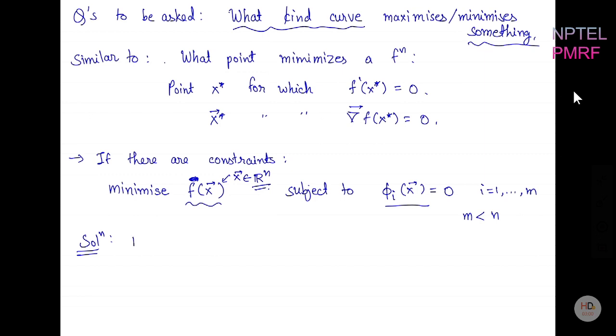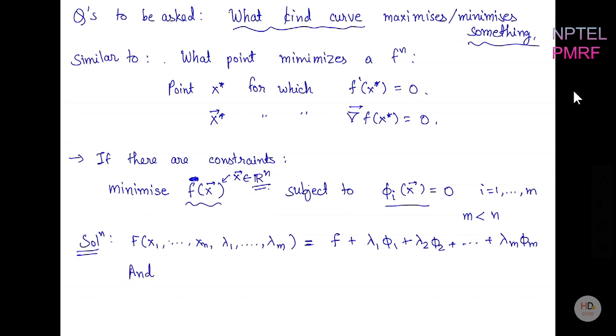So we construct a function of all the variables and some auxiliary variables which we call Lagrange multipliers, and that is given by f plus lambda 1 phi 1 plus lambda 2 phi 2, up to lambda m phi m.